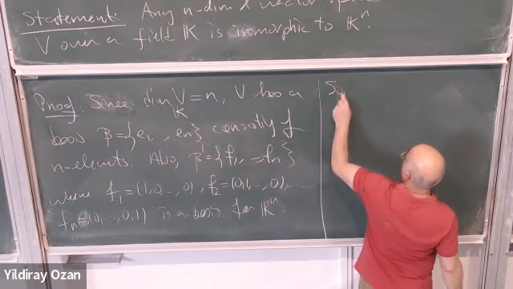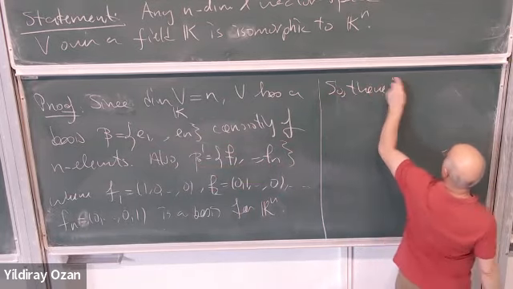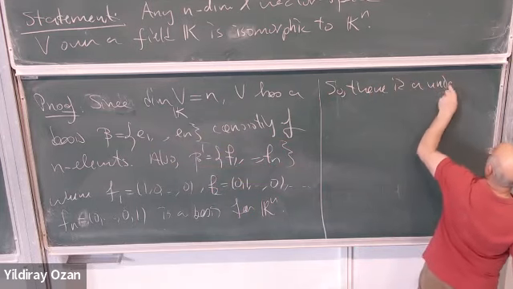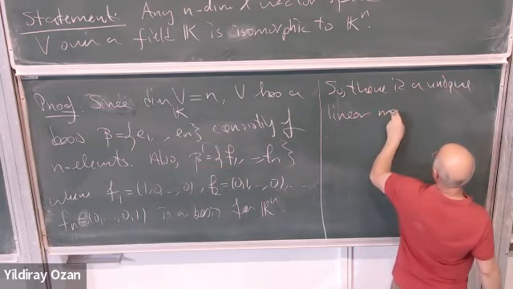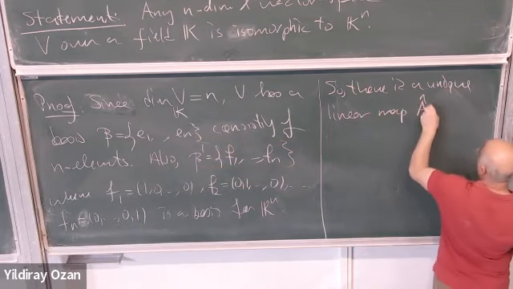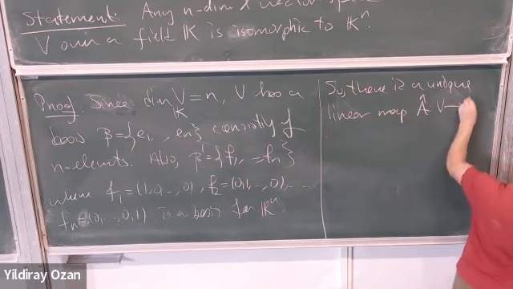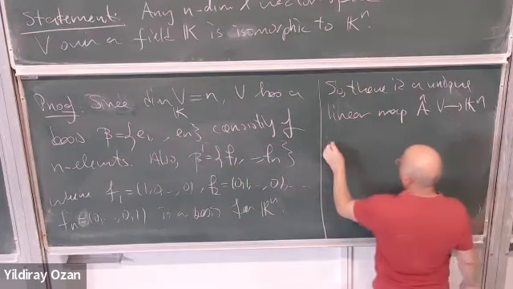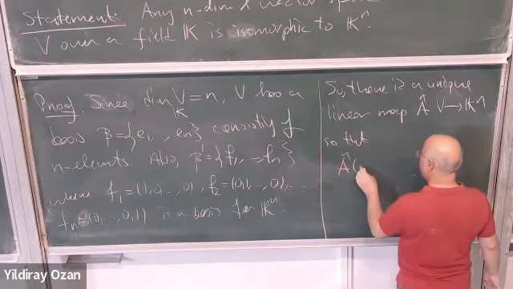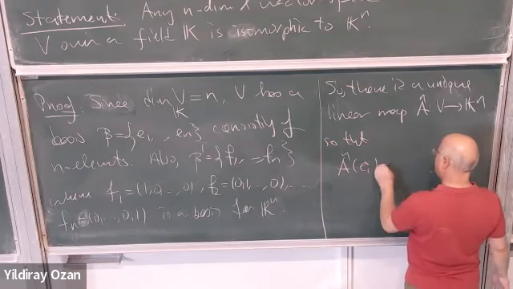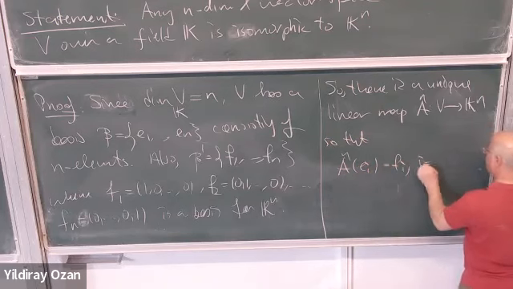So there is a unique linear map A hat from V into K^n, so that A hat of Ei is equal to Fi, for i from 1 up to n.